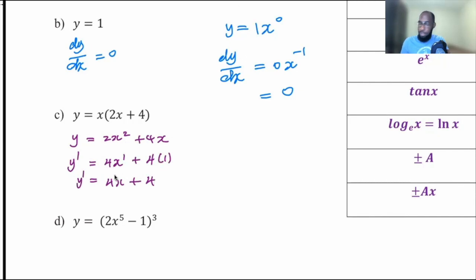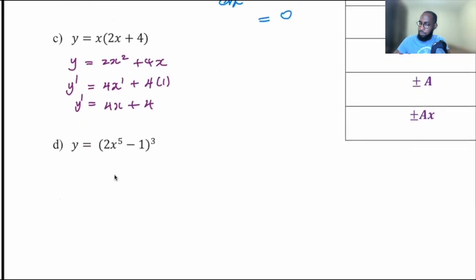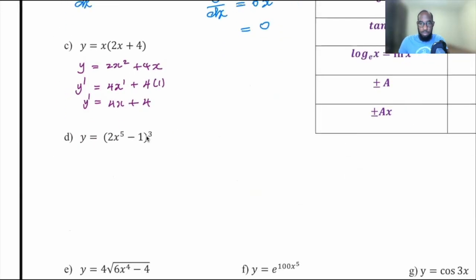All right. Continuing, I just want to point out, if you had y is equal to 2x to the 5 minus 1, in a bracket, and this is raised to the power 1, or you just have it in a bracket like this, right? You can just simply put it like this and differentiate it normally, like how we differentiated, or how I differentiated up here, right?